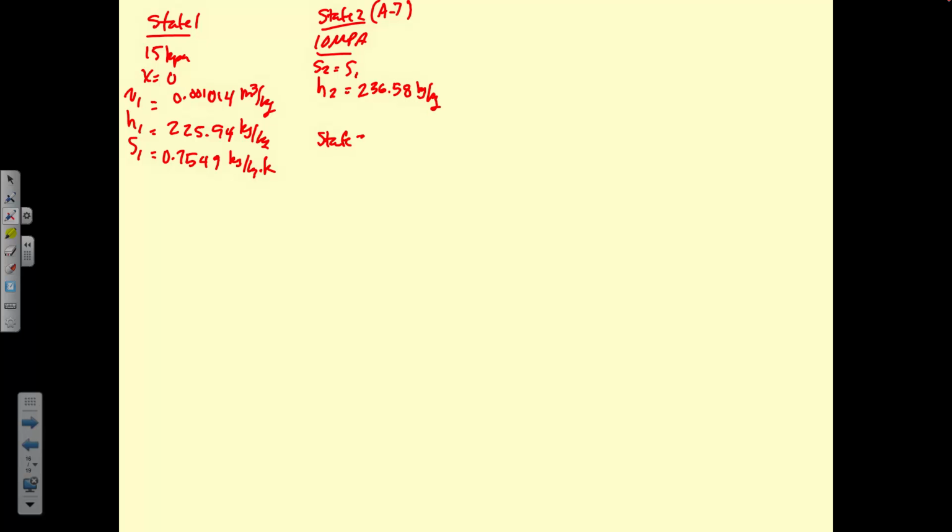State 3, we have 10 megapascals, 400 degrees Celsius. So we can look up h3 is 3097.5 kilojoules per kilogram. And s3 is 6.2141 kilojoules per kilogram Kelvin.